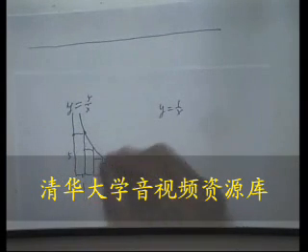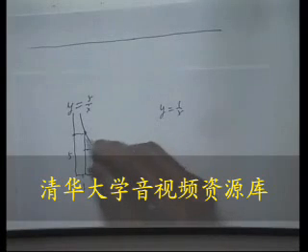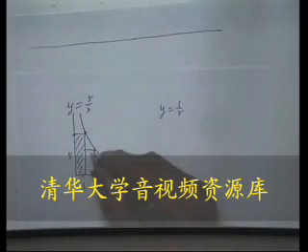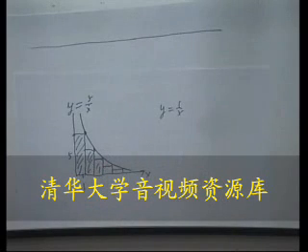At 1 it's 5, at 2 it's 2.5, and this is the first area, this is the second area.